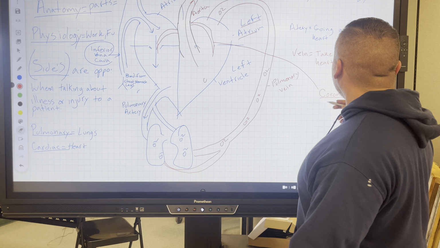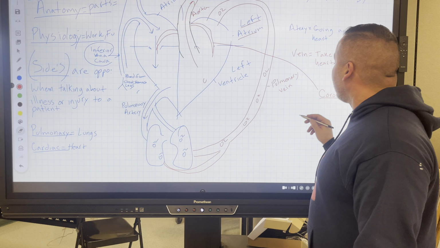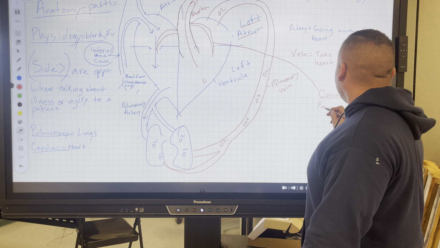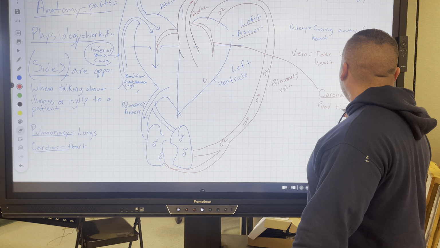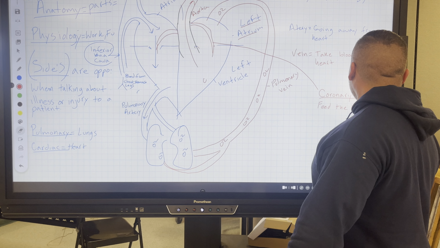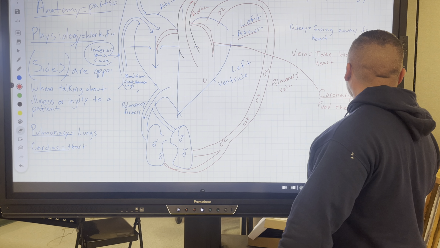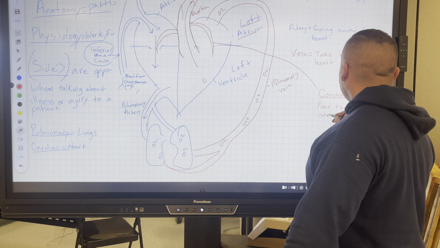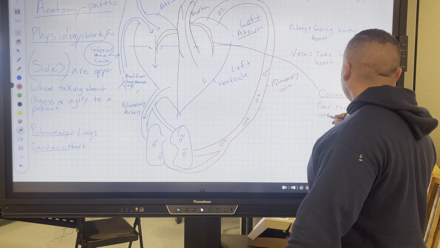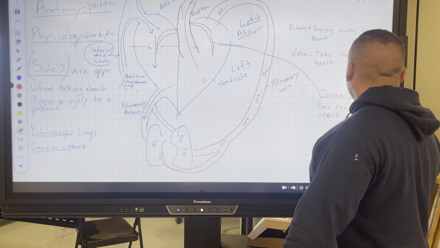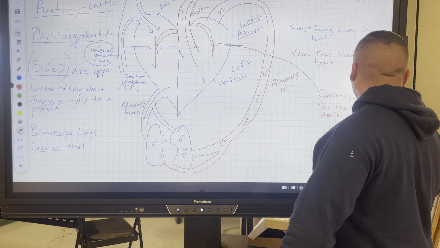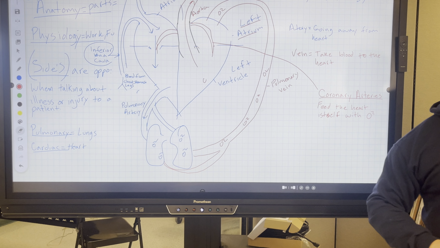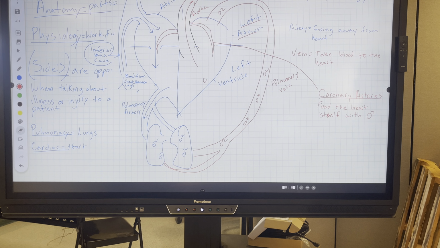Okay? So the coronary arteries feed the heart itself with oxygen, with O2. So literally, just imagine that this hand is a heart.